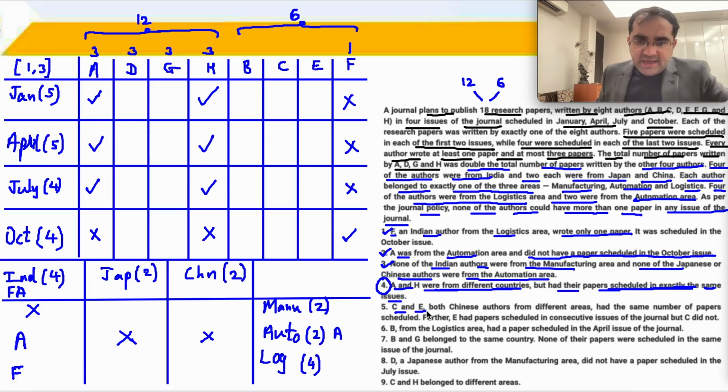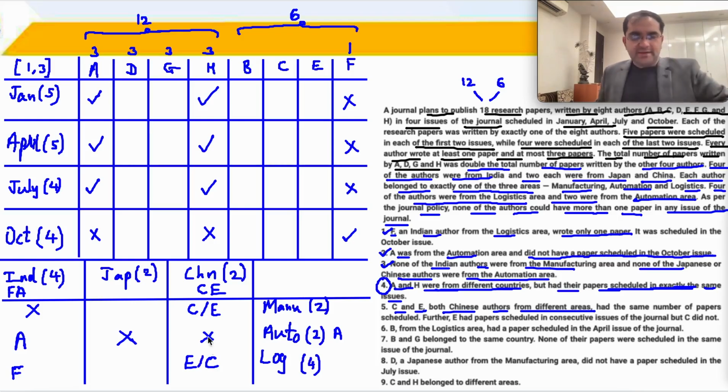Next, C and E are both Chinese authors from different areas. So one will come here, the other will come here.